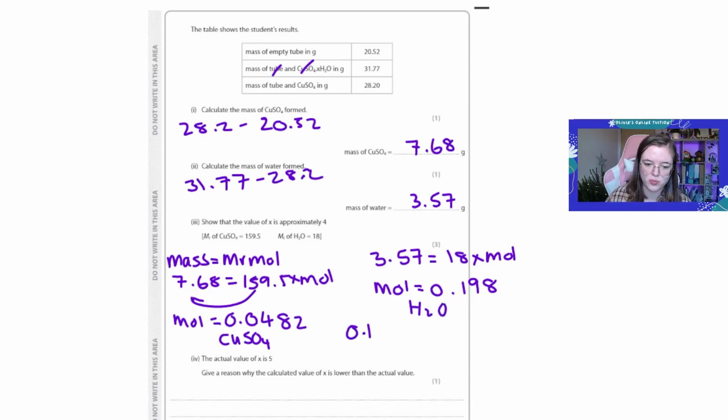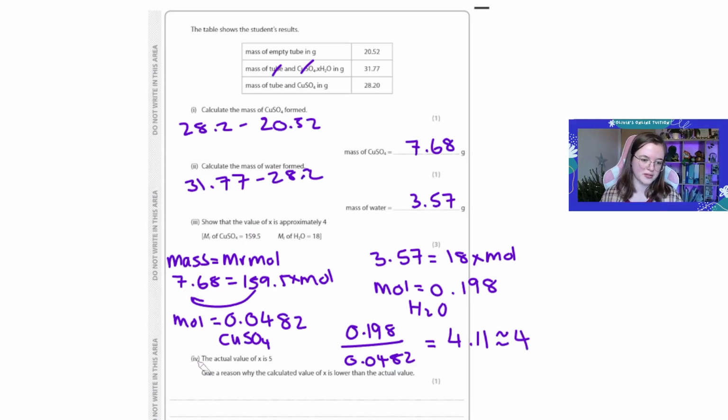If we do 0.198 divided by 0.048, we see how many lots of this we have compared to the copper sulfate. If we divide that by 0.0482, we get, would you look at that, 4.11, which is approximately equal to 4. And there we go, that's that.